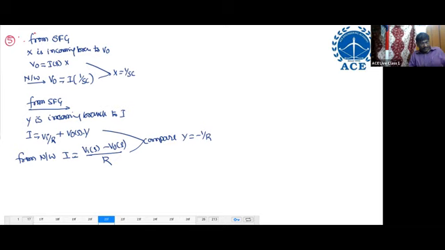If you are perfect in shifting, chapter 2. In volume 2, question number 22, what you have to do?